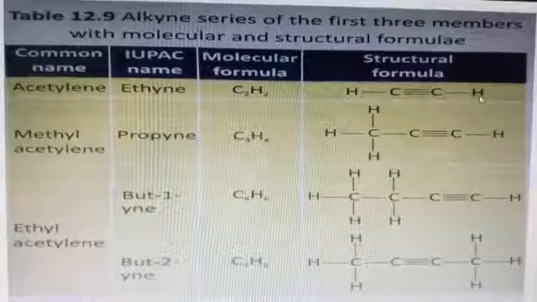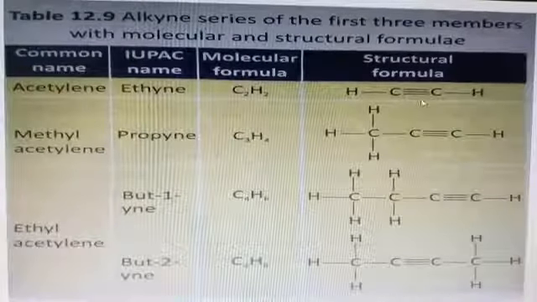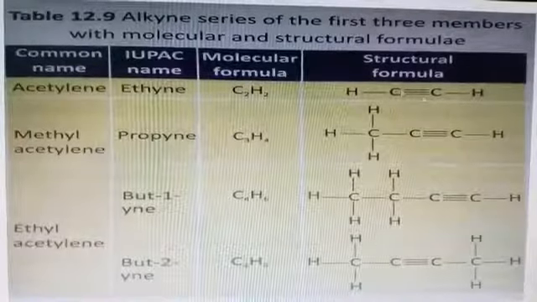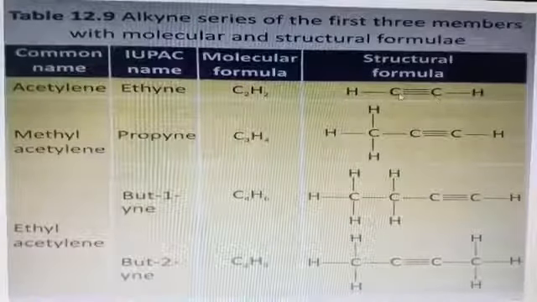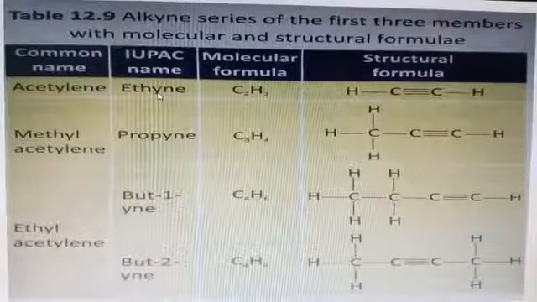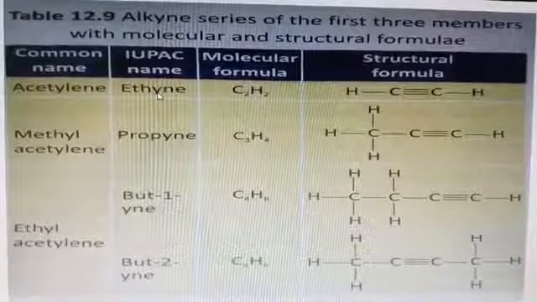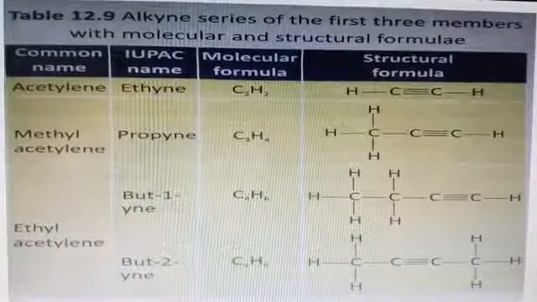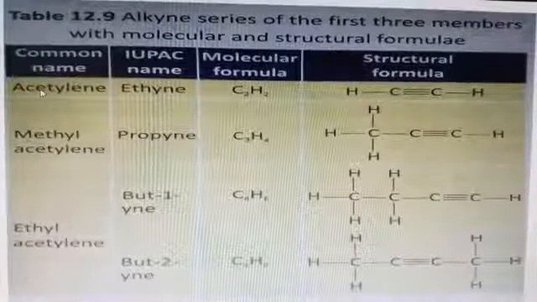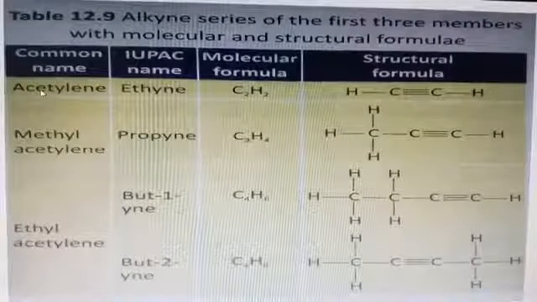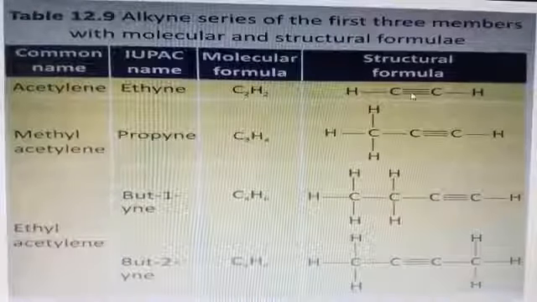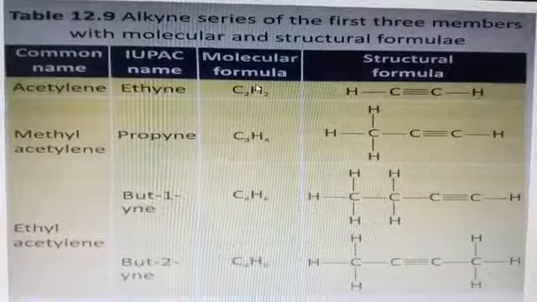As a result, it is an unsaturated hydrocarbon. So this is the triple bond, and the name of this compound is ethyne. The IUPAC name for this compound is ethyne, and the common name for this compound is acetylene. This is the structural formula and this is the molecular formula.